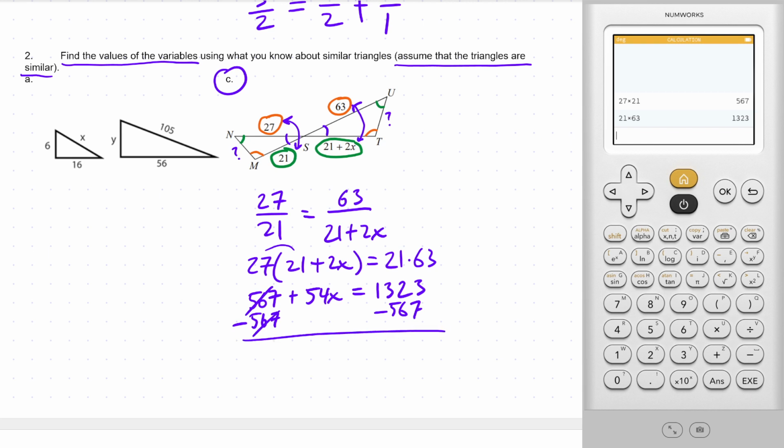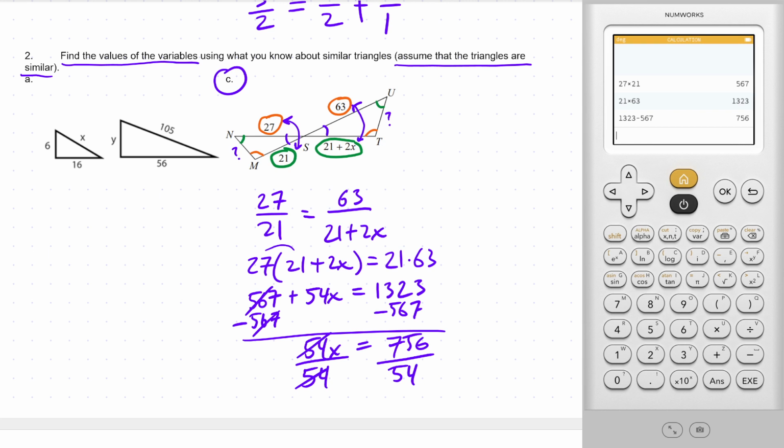And so go ahead and say, okay, 1323 minus 567. That gives me 756. And over here I have 54x. All right, and now I want to divide both sides by 54 to get my value of x, right?